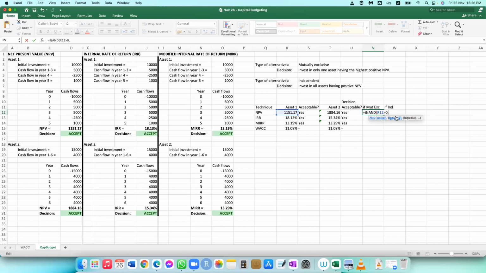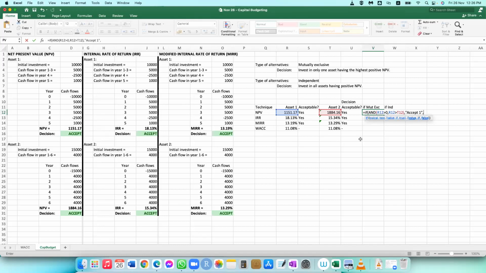If this one is greater than 0 and also this one is greater than this one. Okay, so if these two conditions are met, then what will be the result? Bracket close. So if this condition is true, then accept 1, I'll just write accept 1.